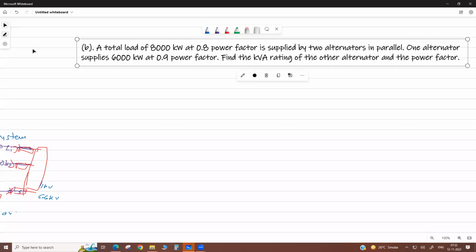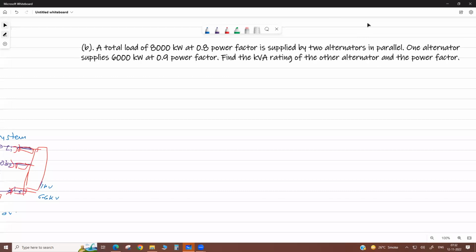So very simply you can solve this. It is your ninth B. So when we solve this, the total load is 8,000 kilowatt at 0.8 power factor, supplied by two alternators running in parallel.